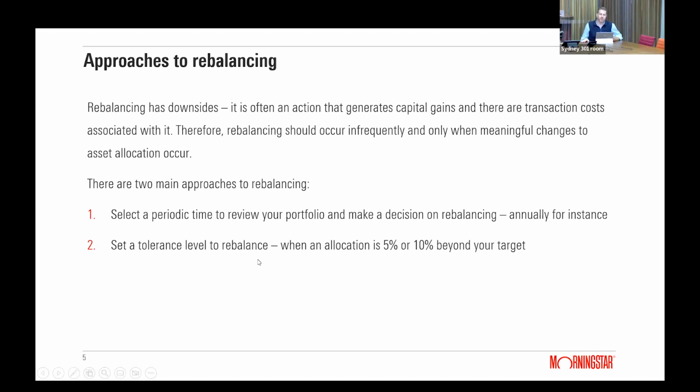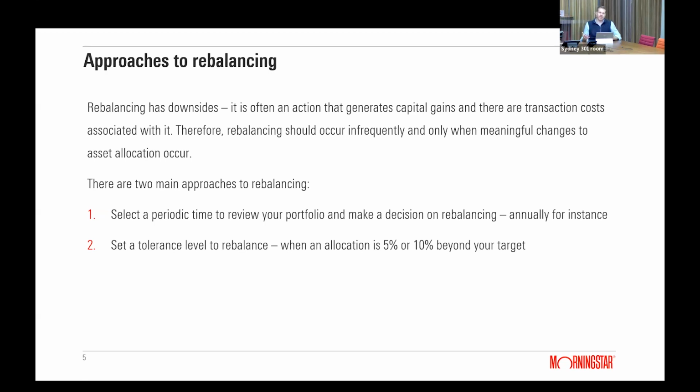And there's two main approaches that people take with rebalancing. But the first thing that we need to acknowledge is that rebalancing, of course, has downsides. So what it essentially means is we're looking at that relative performance of different asset classes in our portfolio, and the ones that relatively outperform, of course, we want to trim those positions and move money into asset classes that have relatively underperformed.